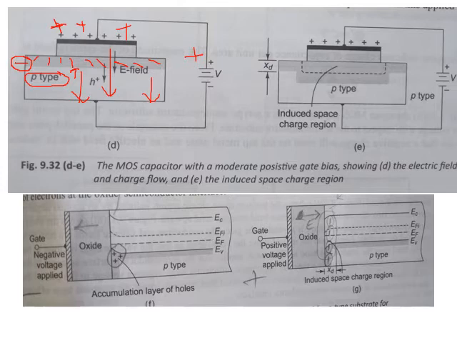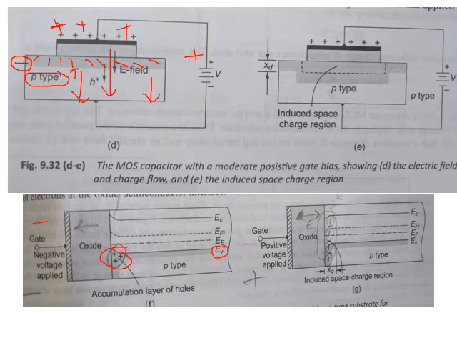So we have also seen the concept of band bending. When we apply negative potential, negative charges will develop here, and holes will be accumulated in the valence band that is shown here, right? So plus plus plus indicates the accumulation of holes.